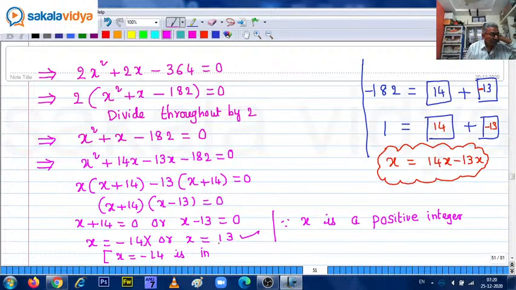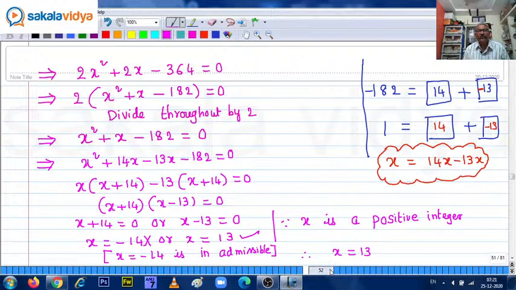This is called inadmissible, or rejected also we can say. So therefore x is equal to 13. X equal to 13 means the other number will be 13 plus 1, that is 14.